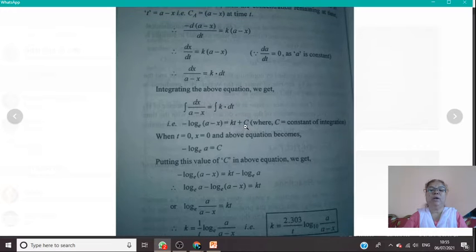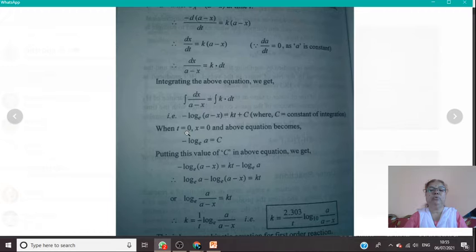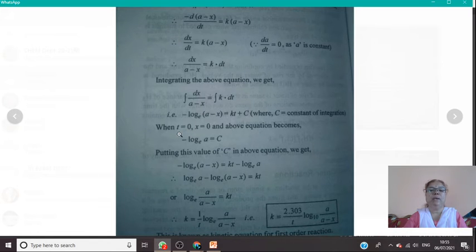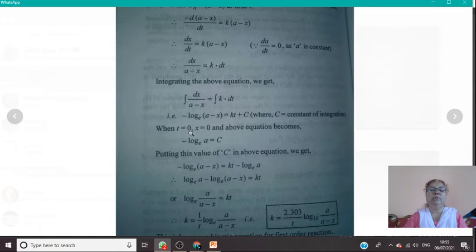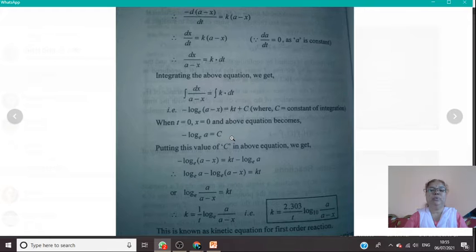To find the value of c, we put t equal to 0, that means when time t equals 0, the decrease in concentration x equals 0. In the above equation, we get minus log a equals c.